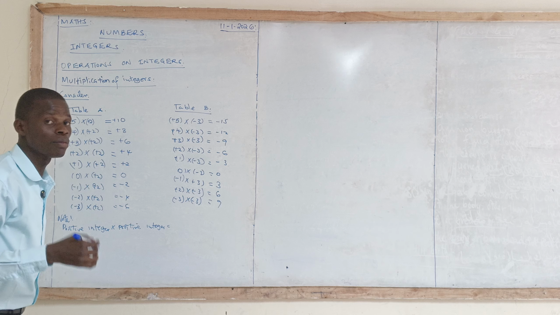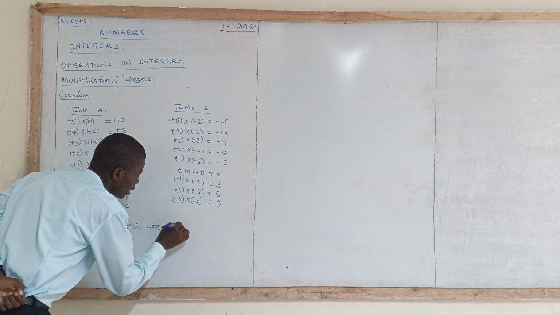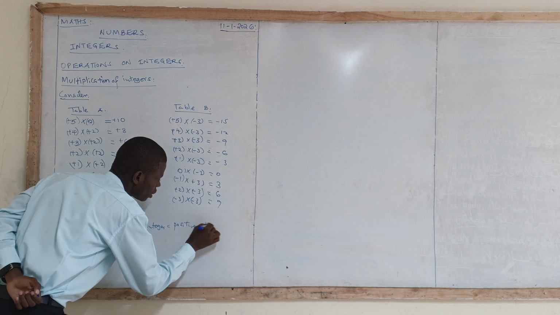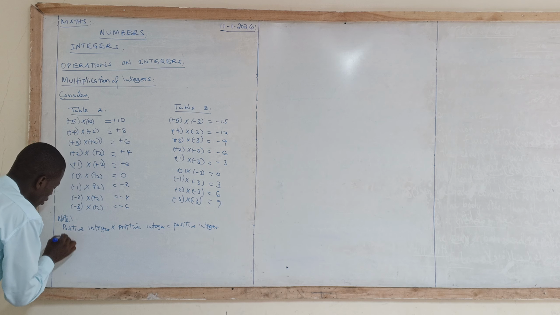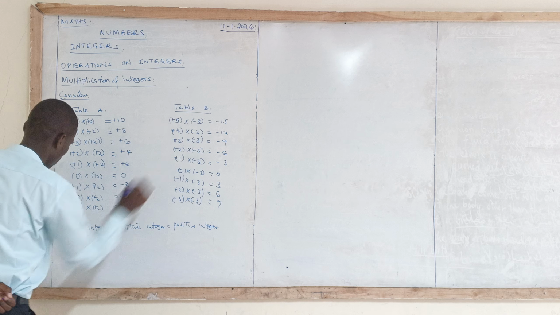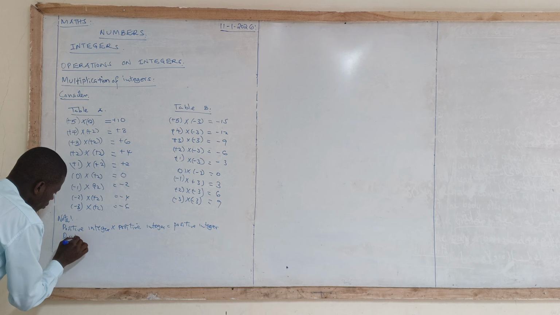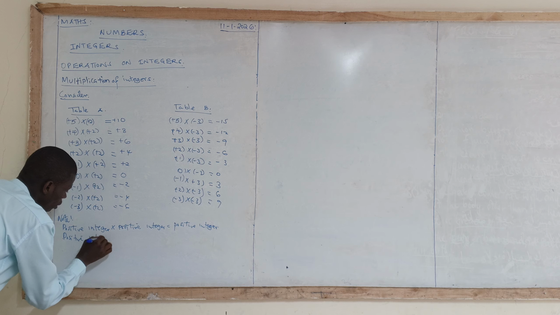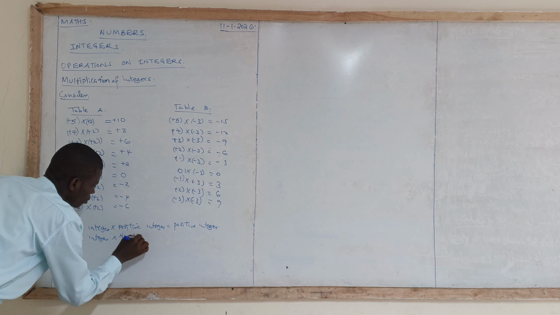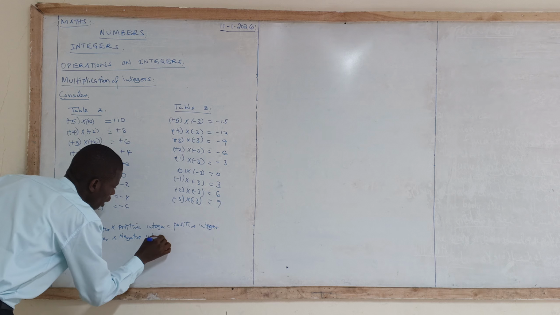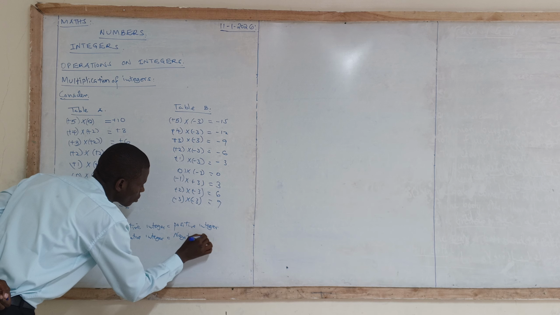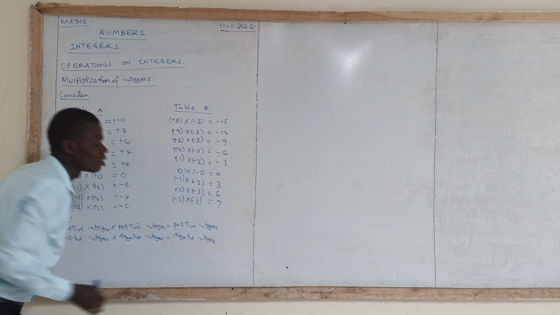Our answer will be positive. Then the same, positive integer times negative integer gives us negative integer.